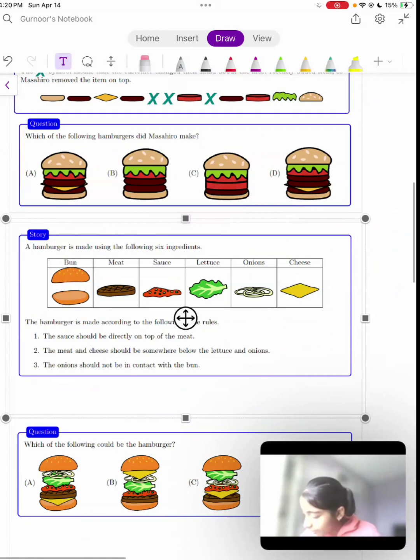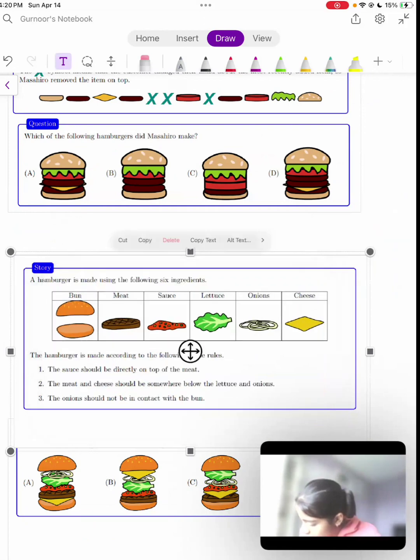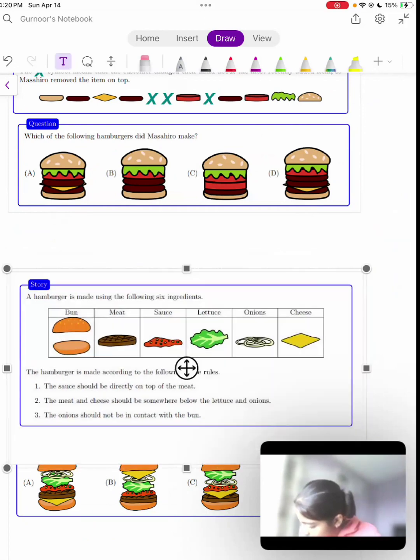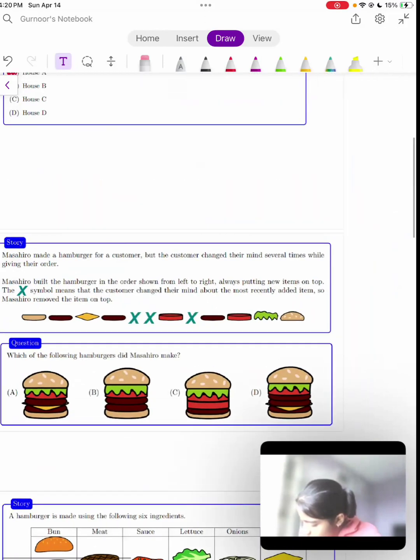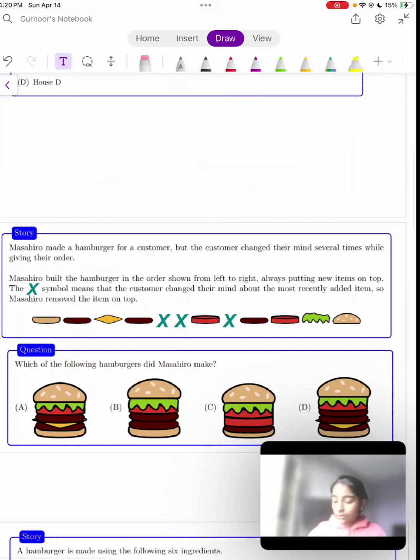We have a lot of burger questions today. Okay. So now this question, I'm going to be giving you some time to solve it on your own.